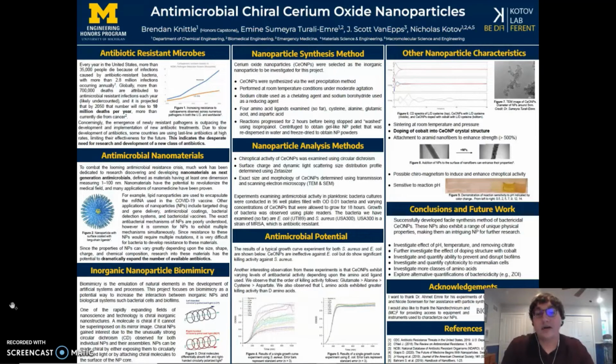And one great thing about nanoparticles is that they generally exhibit multiple killing mechanisms at once, meaning that the bacteria, in order to gain resistance, would have to develop simultaneous mutations to gain resistance to these killing mechanisms, which is a lot harder than just developing one mutation to combat a current antibiotic.